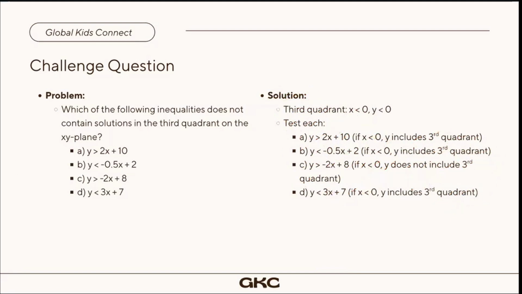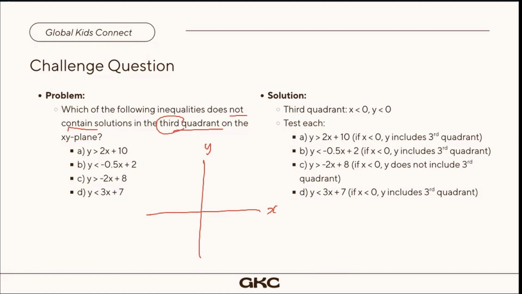So we can see that the question gives us four inequalities, A, B, C, and D. And then we can see that which of the following inequalities does not contain solutions in the third quadrant. So first of all, what is a third quadrant? When we know an XY plane, we graph it a lot for a lot of our graphical questions.